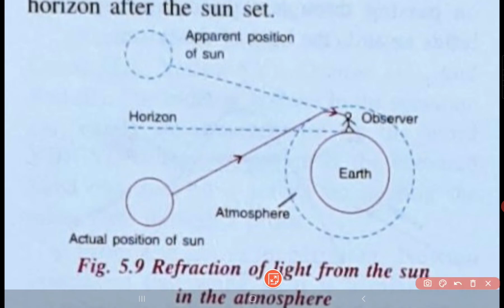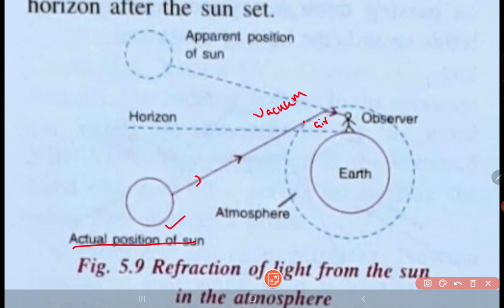This is the actual position of the sun. If I consider this particular ray which goes up and strikes the surface of separation, this is the vacuum here and this is air.